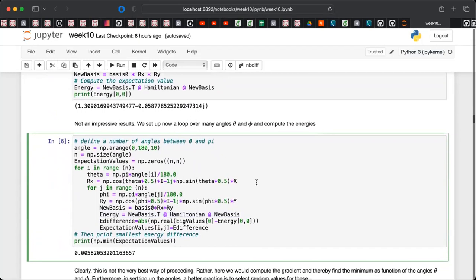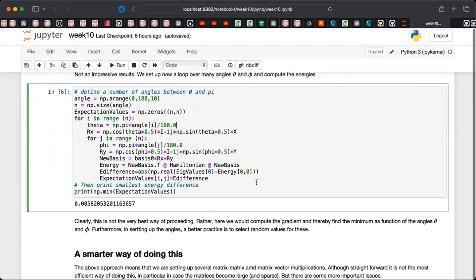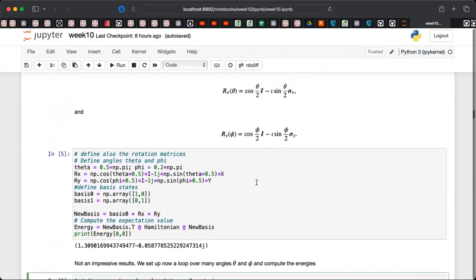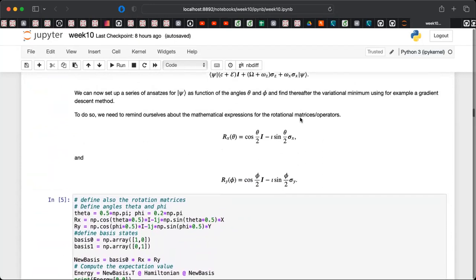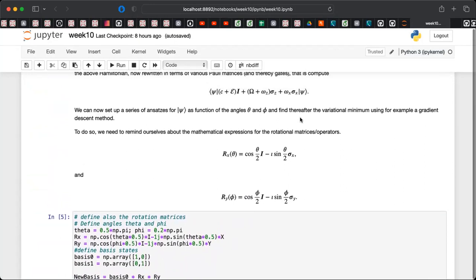And the reason why we do this, which will be obvious after the small break which we take, is that rewriting the Hamiltonians in terms of these X, Y, and Z gates is going to allow us to set up measurements.